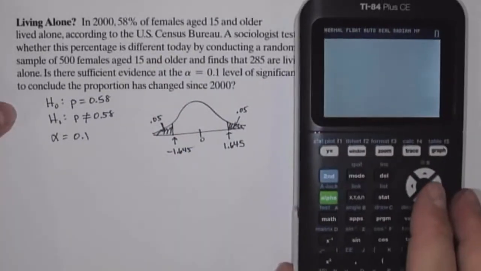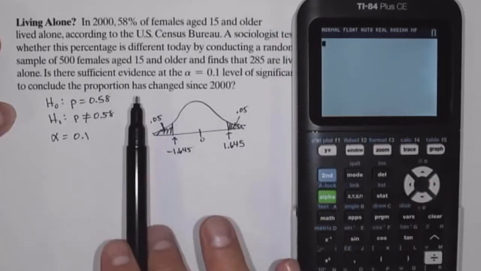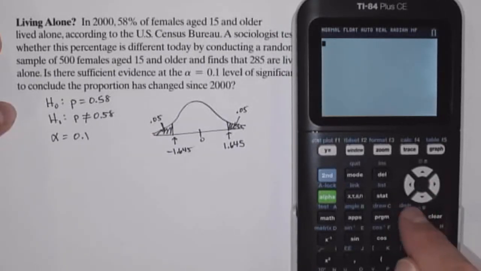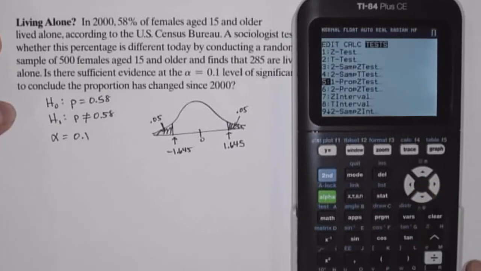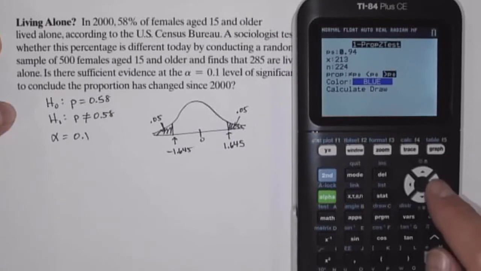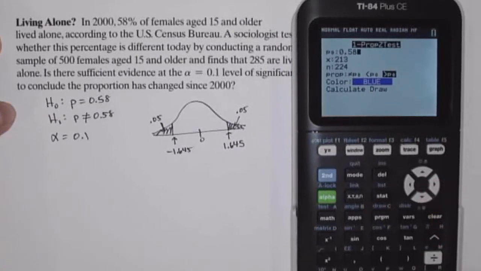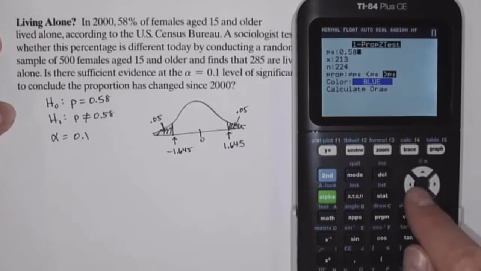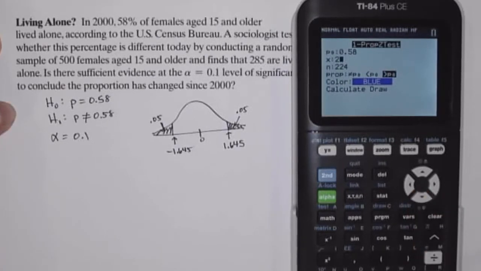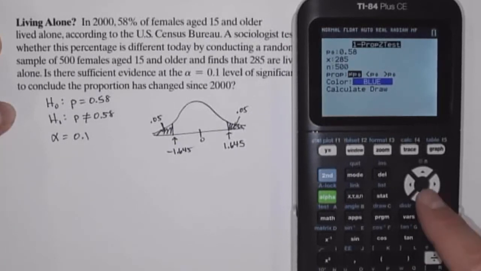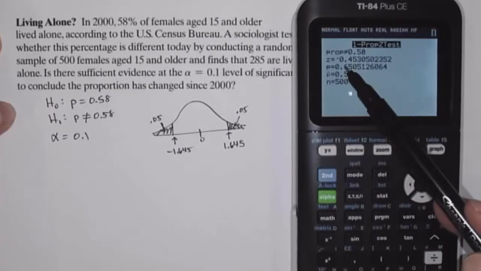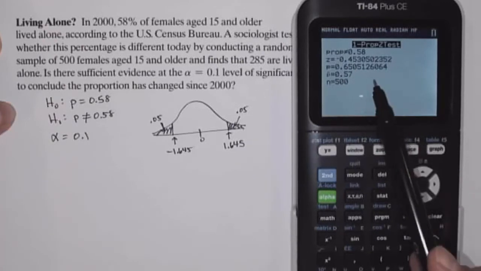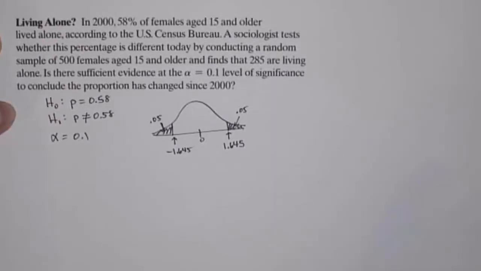Now, if I want to use my calculator to calculate the test statistic and p-value, I can go to Stat, Tests, and I'm going to go to 1-PropZTest. So p0 is 0.58, x is 285, n is 500, and my alternative hypothesis is not equal to. If I calculate, I get a test statistic of negative 0.453 and a p-value of 0.6505.